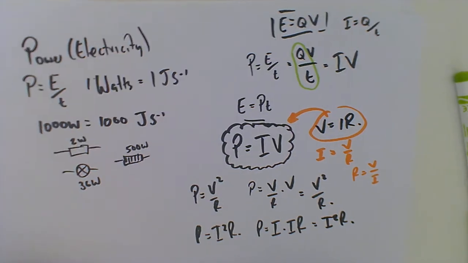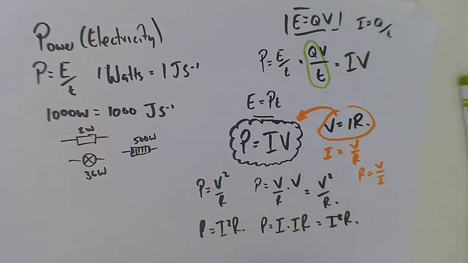And which one you use depends on the information you're given. So if we have a light bulb that's 12 volts and 36 watts, and I've seen this kind of thing come up, well, we can work out the resistance of that light bulb, can't we? P equals V squared over R, which means that R would equal V squared over P, 12 squared over 36.